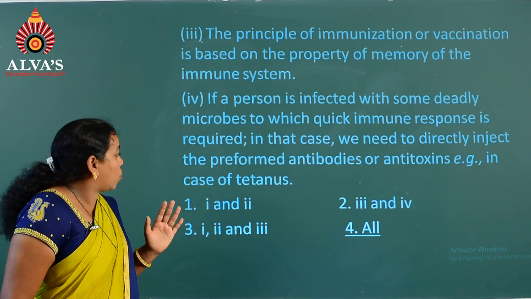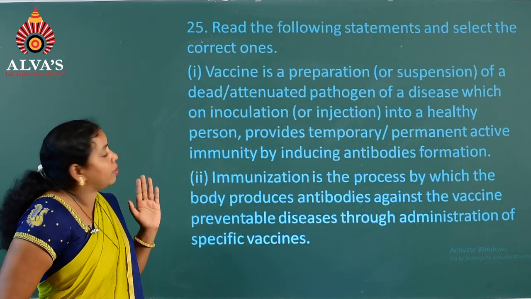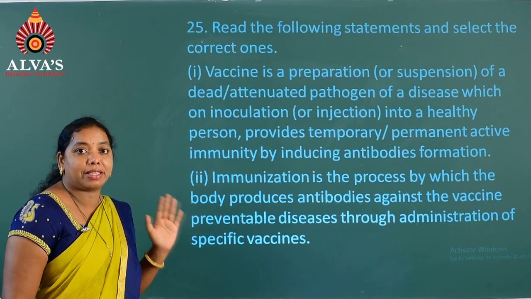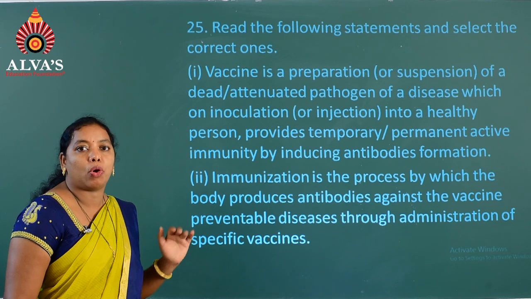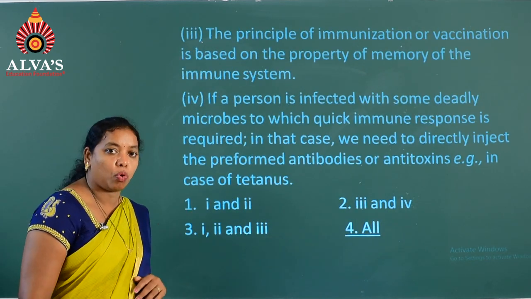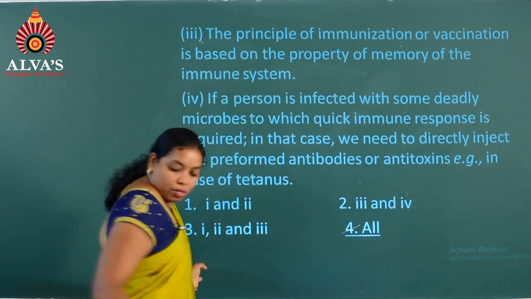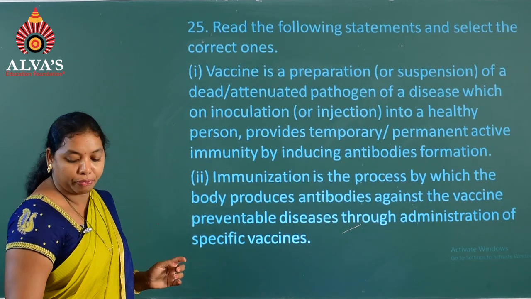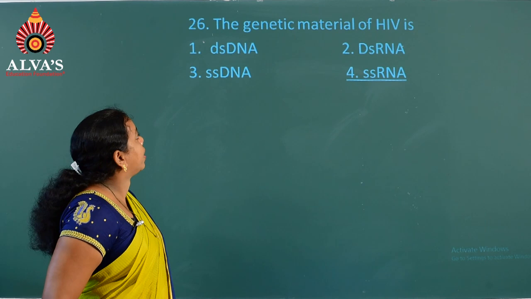So here the question was to select the correct statements. If we consider all these options, whatever is given, all are correct. So hence we will go with option 4, that is all are correct. So question number 25, answer is all.